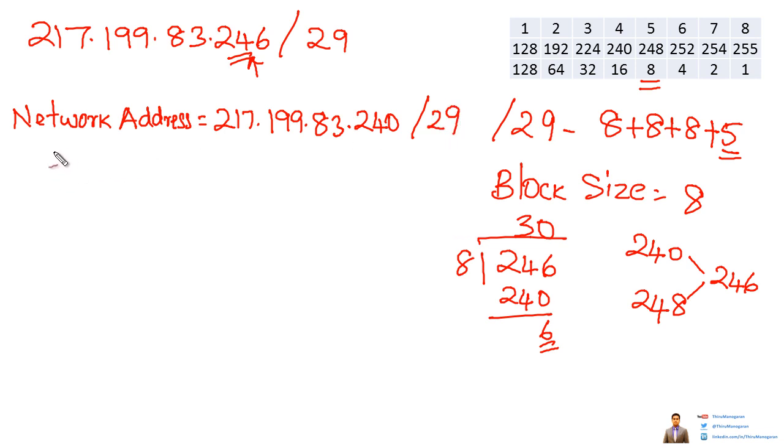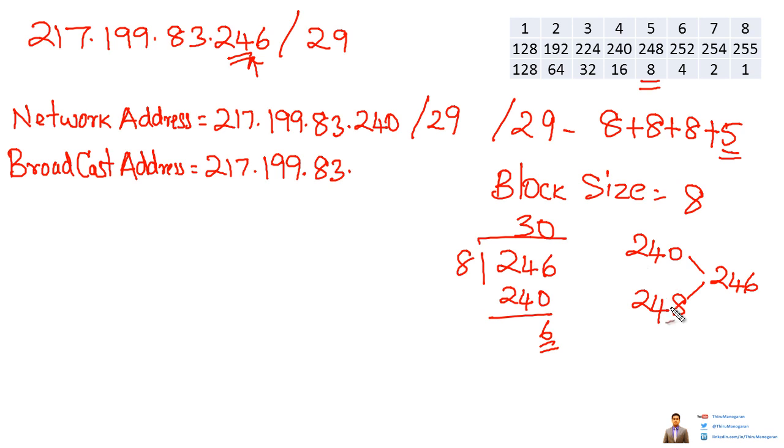That's the network address, and the broadcast address is 217.199.83.248, and one before that, 247, with a 29-bit mask.